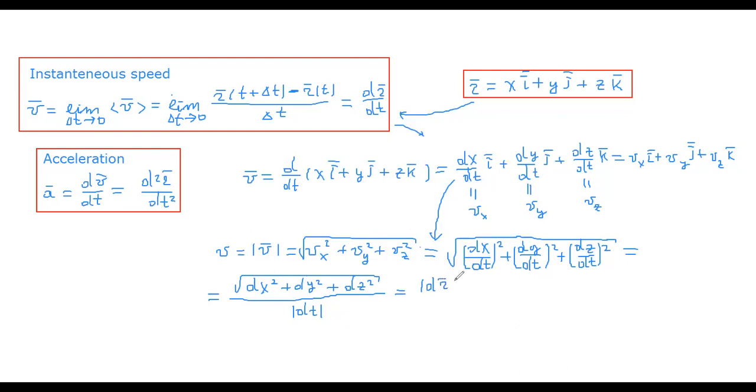And this square root is equal to the absolute value of dr. And because dt is non-negative, I do not need to write the absolute value; I can write dt simply, without brackets.